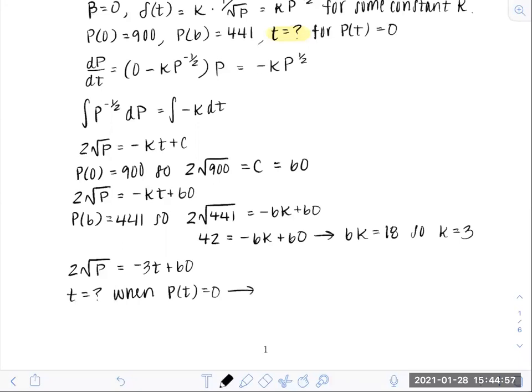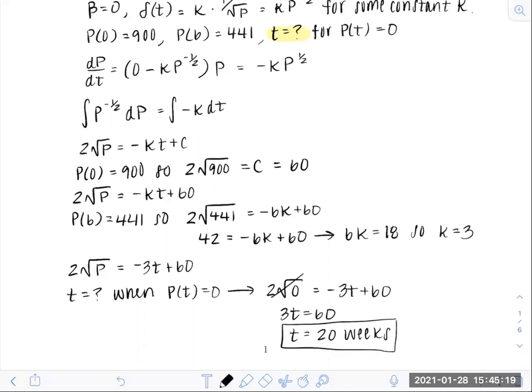So I'm just going to replace P with 0, and I'm going to solve for T. All right, so the left-hand side is 0, 3T equals 60, so T equals 20 weeks. It will take this population of fish 20 weeks to go extinct in this lake after their birth rate dropped to 0.